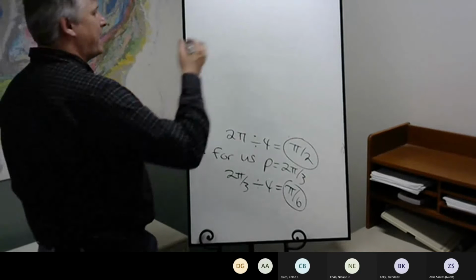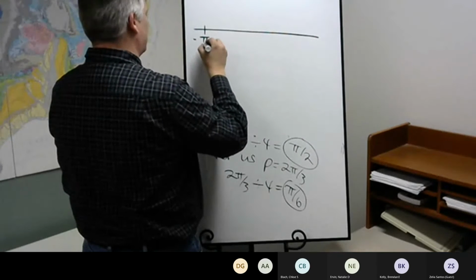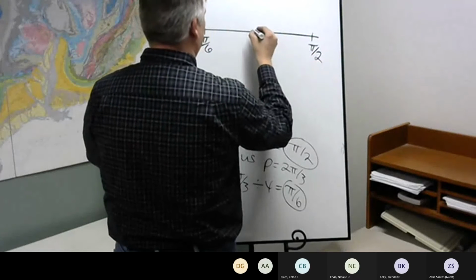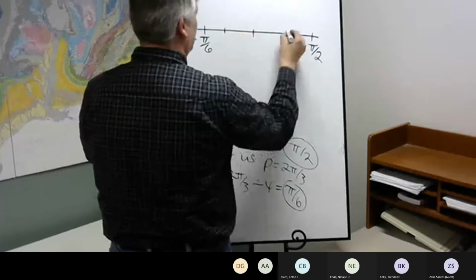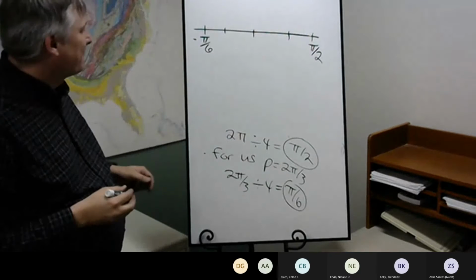So now when we go back to our function here, our graph, one, two, three, four, we've got our fours there.